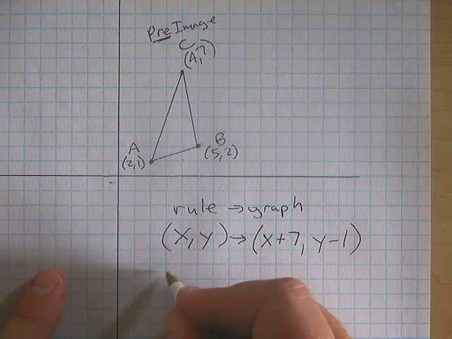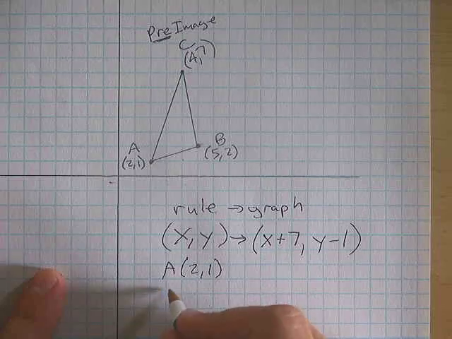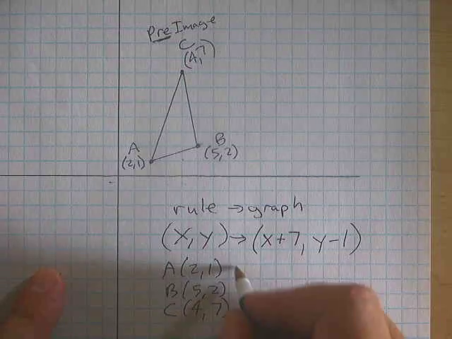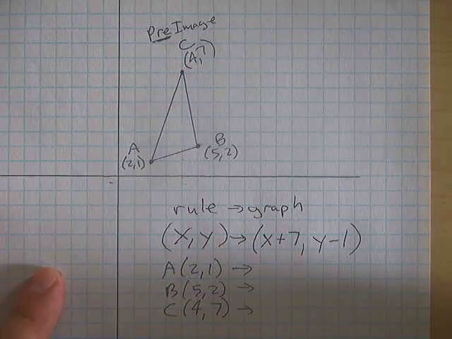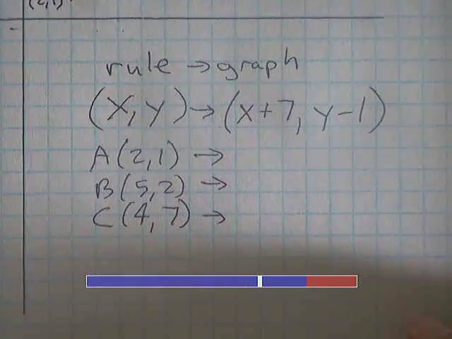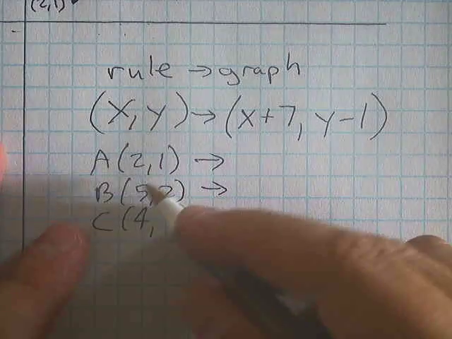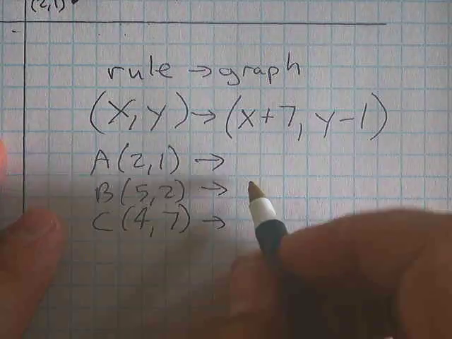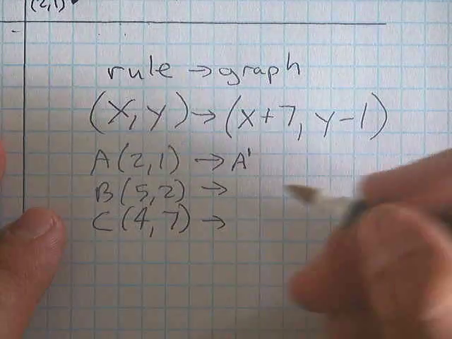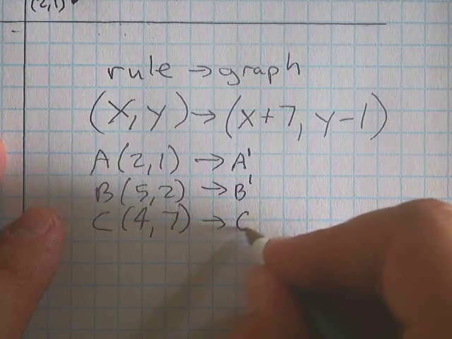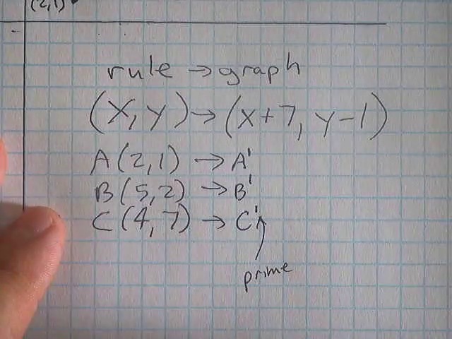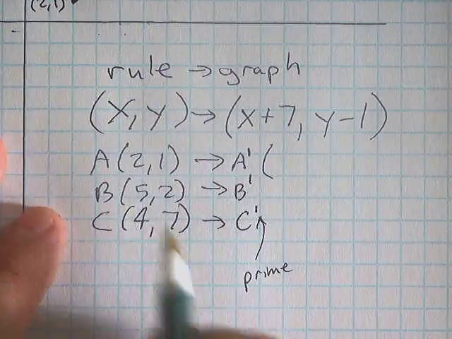So what do I need to do? First of all, I'm going to take all these points and translate them individually. So I'm going to take A, which is (2, 1), B, which is (5, 2), and C, which is (4, 7), and apply the rule to them. Now, when I change them, I change how the letter looks. If I'm translating something, I'm going from A to A prime, B prime, and C prime.